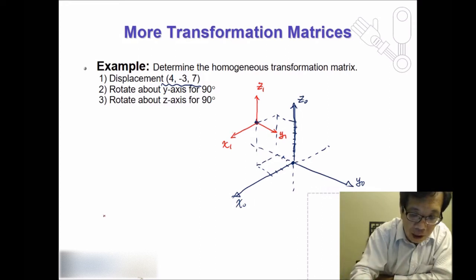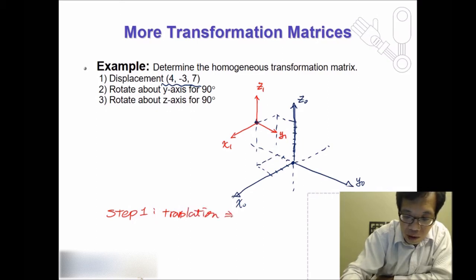Keep in mind my step 1 is translation. Which means my D is going to be 4, -3, and 7.